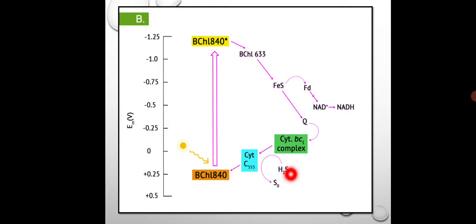So here hydrogen sulfide, now it is the positive value. Okay, around 0, and positive means what? It is becoming deficient in electrons, so it requires electrons.